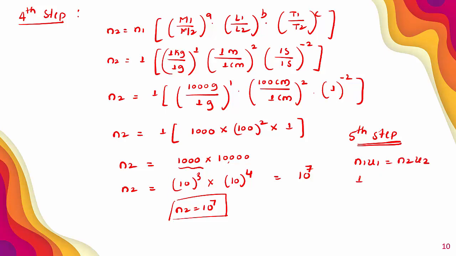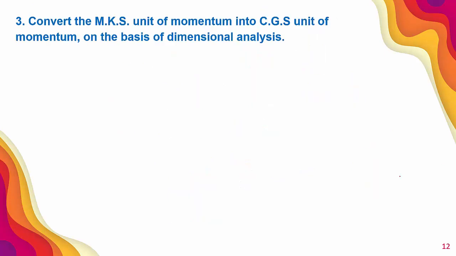N1 is 1 and its unit in the first system, MKS, is joule. N2 we got as 10 raised to 7 and its unit is erg. So 1 joule equal to how many erg? 1 joule equal to 10 raised to 7 erg. So this is the second example. Similarly, I will give you the third example as homework. Try to solve it yourself and I will give you the solution in the next class.